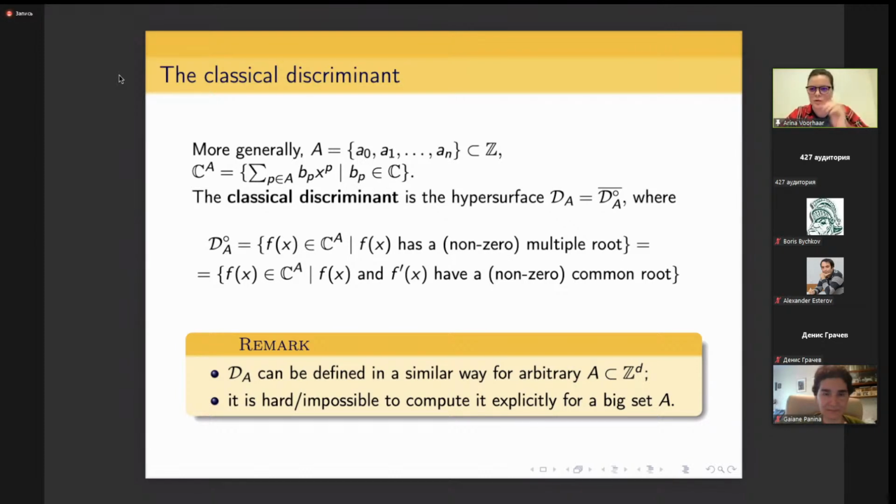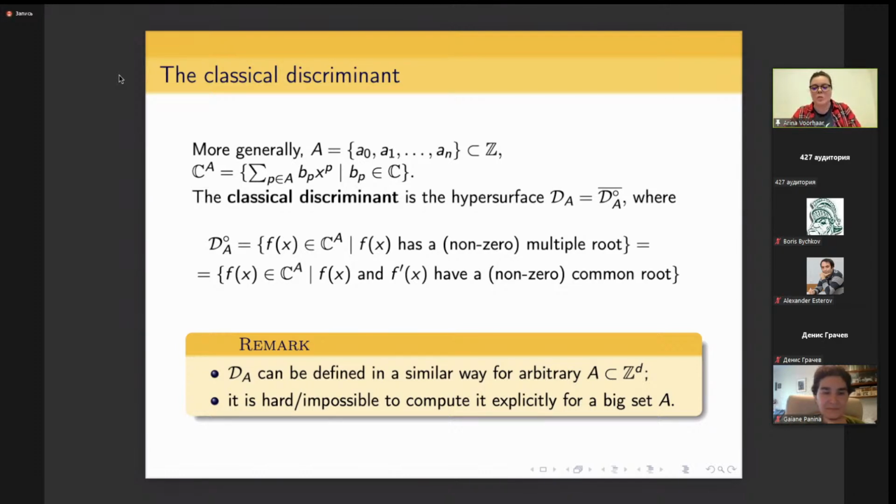That's already good enough and still allows us to draw pictures. Another thing you can realize is that it's pretty hard algorithmically, maybe even nonsensical, to try to compute the discriminant explicitly for some big complicated set A.